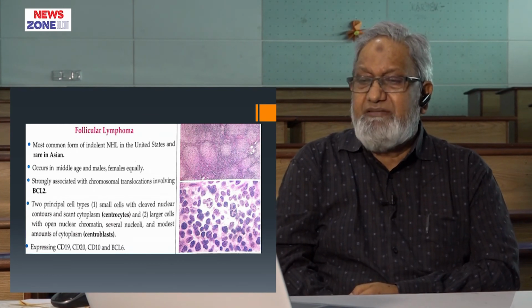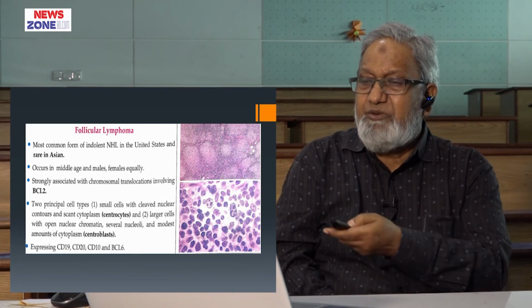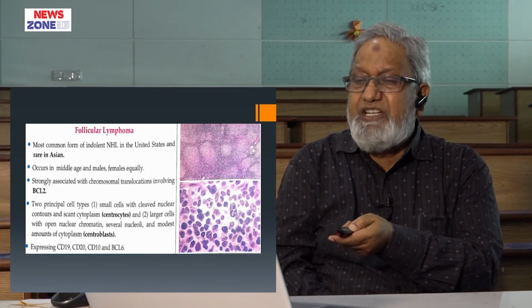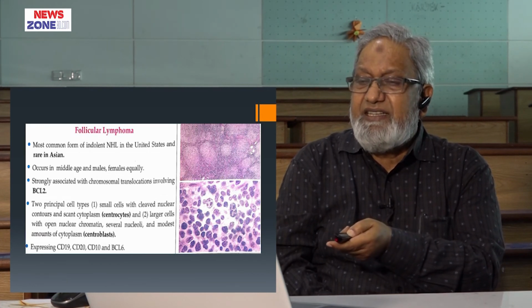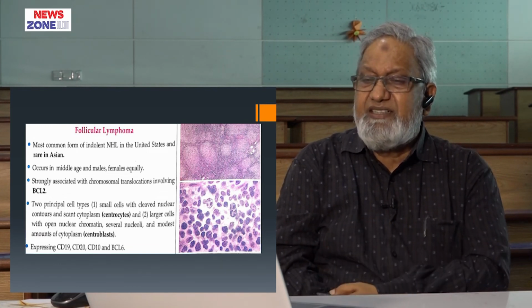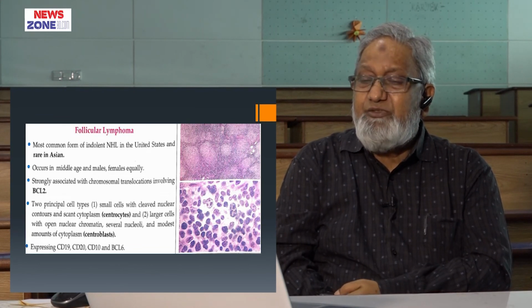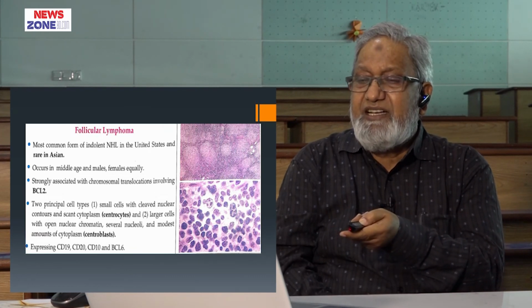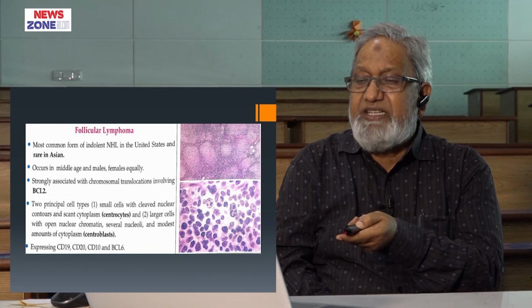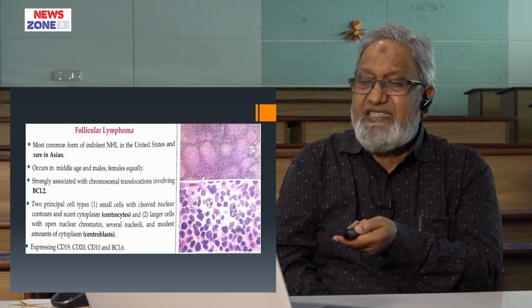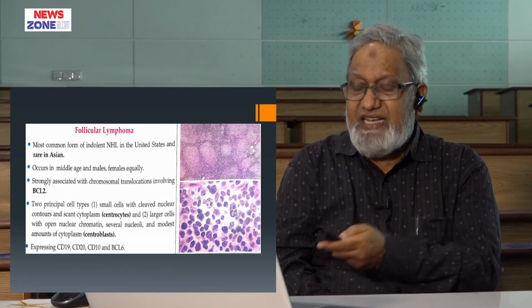Two principal cell types: you can see the small cells with cleaved nuclei, that is centrocytes, and centroblasts are present. If we do CD staining, immunohistochemistry, then CD19, CD20, CD10 will be positive. So, all these three, CD19, CD20 and CD10, are positive, indicating B cell origin.